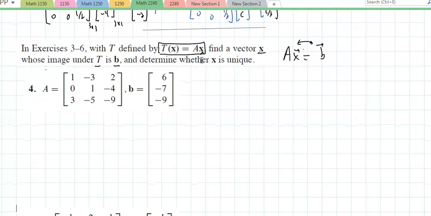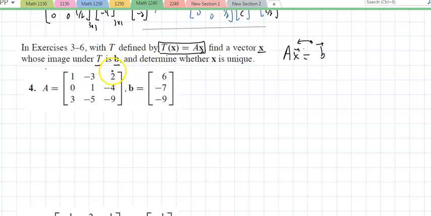Same with the T. So, they're saying here, determine whether X is unique. What are they saying? They're saying AX, well, there's A, X equal B. Determine X. Does that sound familiar? I could write it for you.